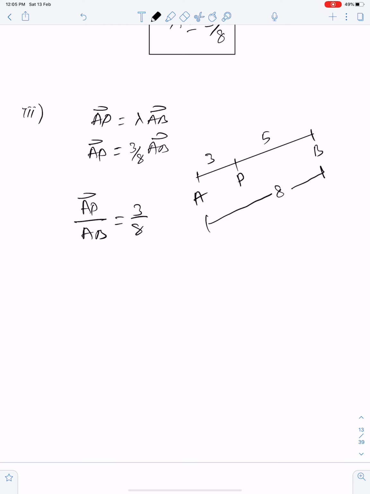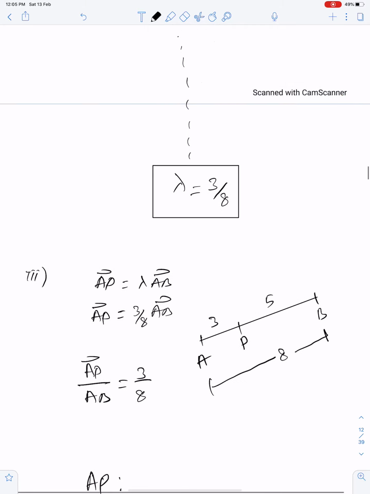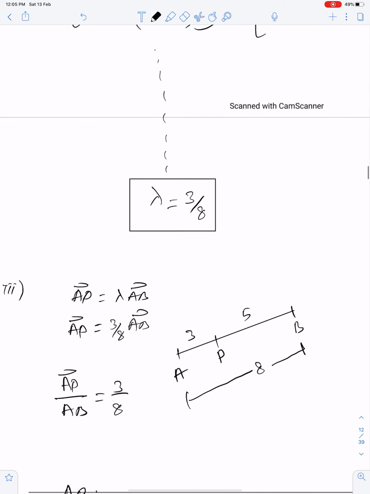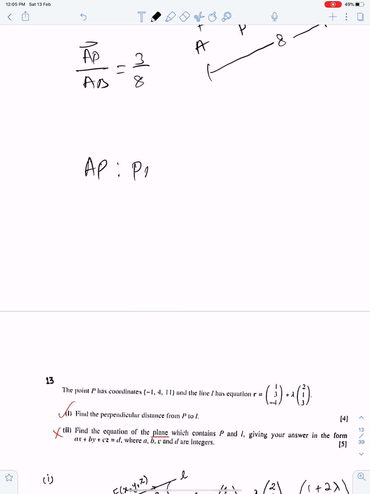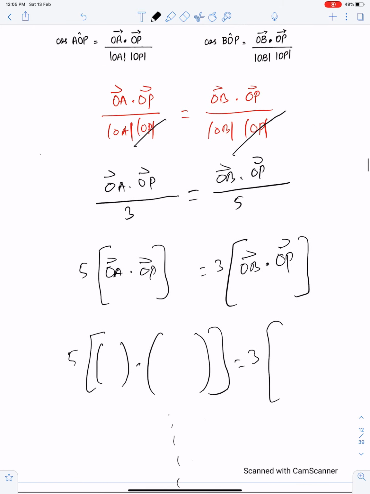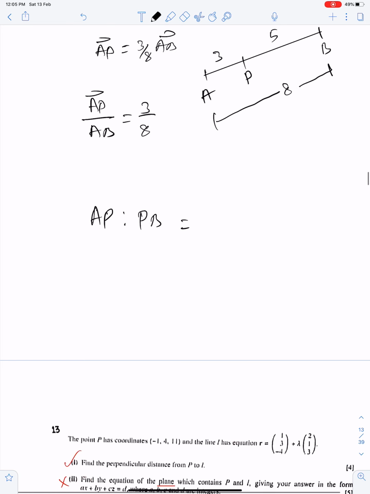You can write this in this way as well. See, AP is 3 units and AB is 8 units in ratios. So this is 3, this is 8, so this must be 5. Now you have to show this thing. AP, this is the part 3, AP to PB is equal to OA to OB.